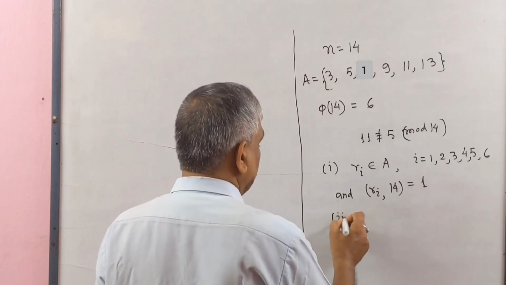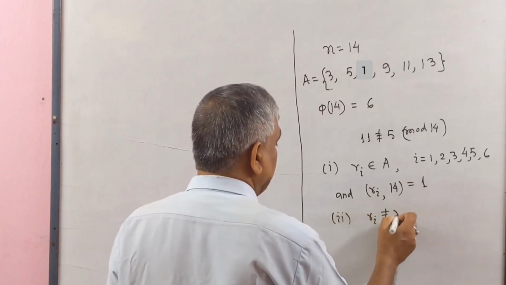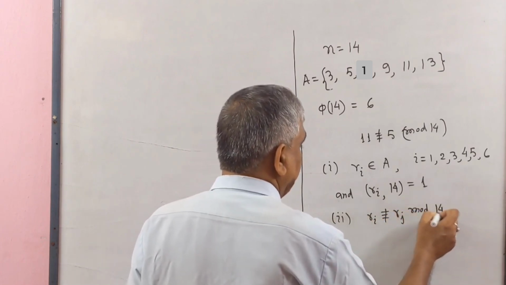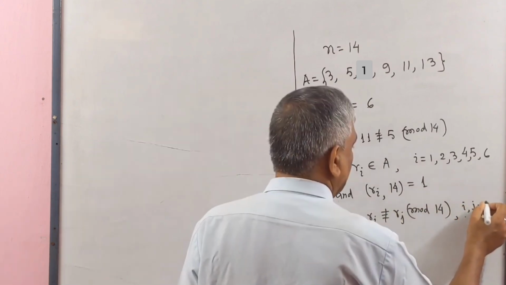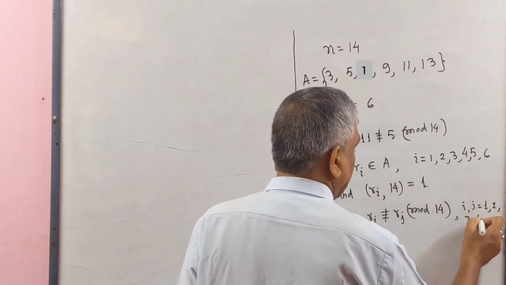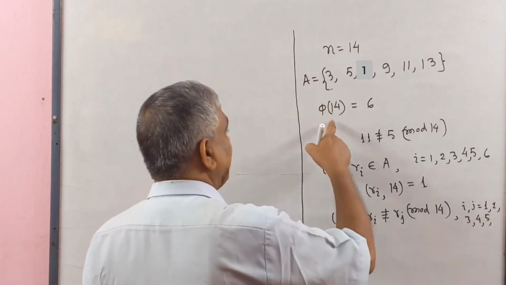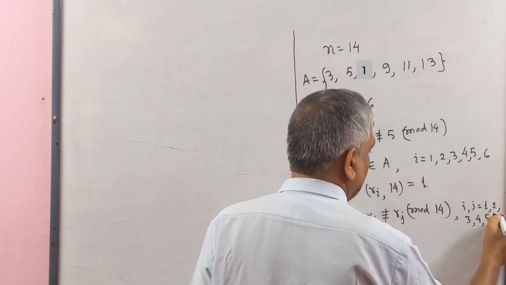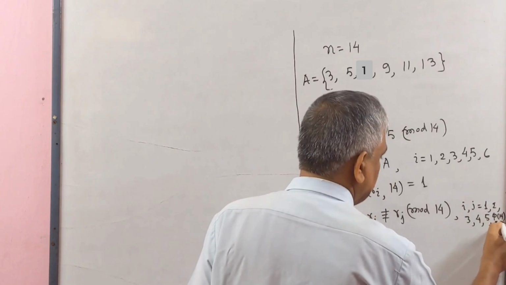Number 2, Ri is not congruent to Rj modulo 14, i not equal to j, i, j equal to 1, 2, 3, 4, 5, 6. In place of 6 we may write phi of 14, Euler's phi function, and this equals 6.